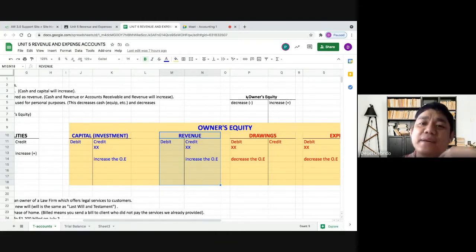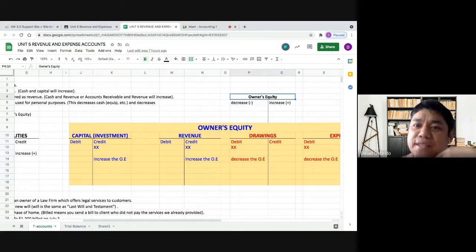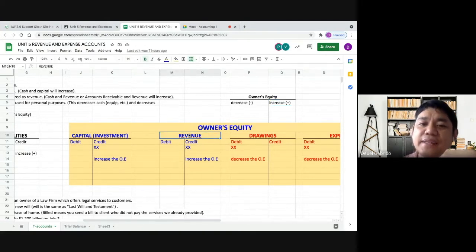And then the credit is normally what we put in owner's equity increase. But right now, I provided another T account called revenue. And this will be on the credit side. So revenue can increase the OE. That's why we put it on the credit side.